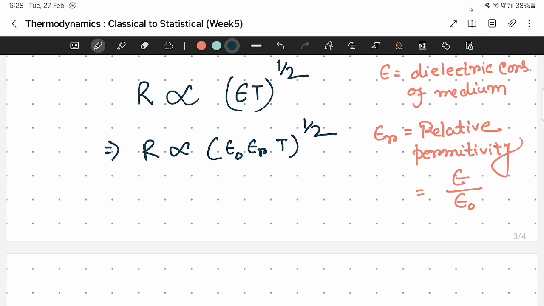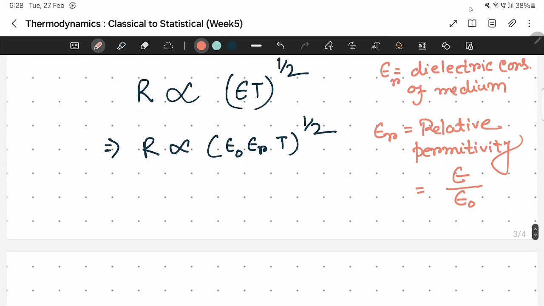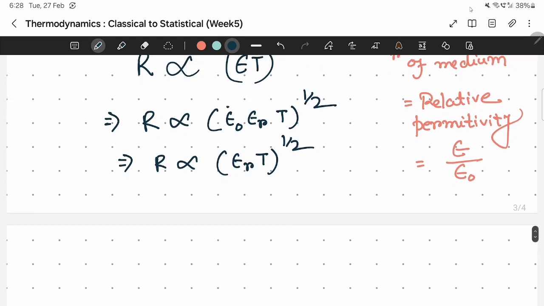Epsilon R is the dielectric constant or relative permittivity, you can say both, they are the same thing, defined as epsilon by epsilon naught. So now you can write that RD is eventually proportional to (epsilon R T) to the power half, because epsilon naught is constant, this is for vacuum.